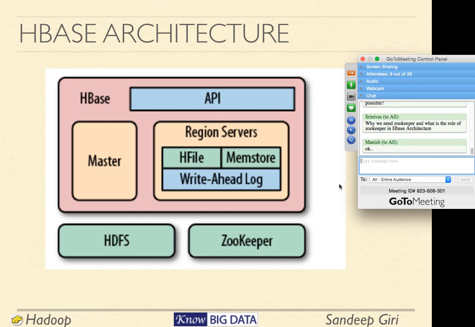All right, so now Srinivas's question is, why do we need Zookeeper, and what is the role of Zookeeper in the HBase architecture? So in very simple words, Zookeeper is a central machine.